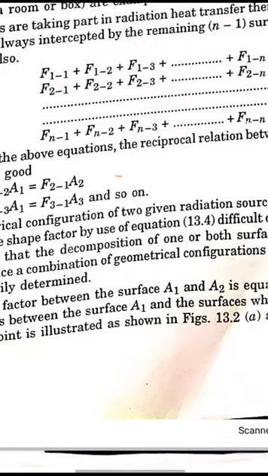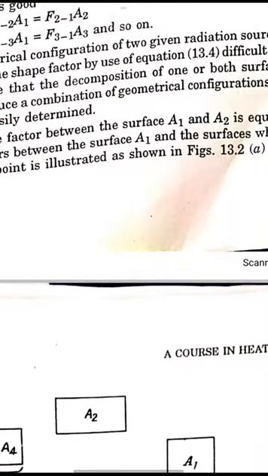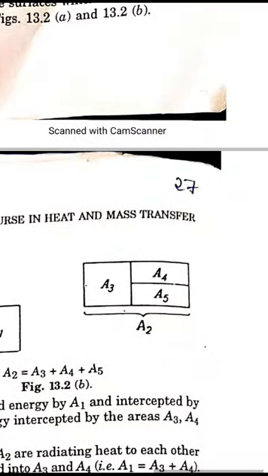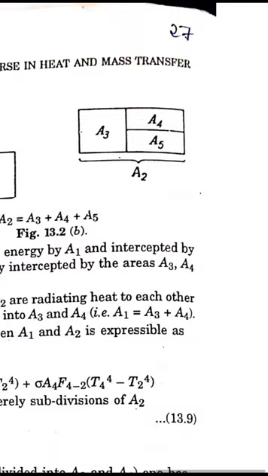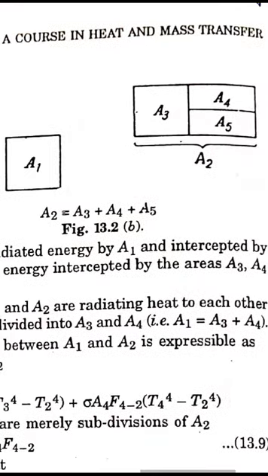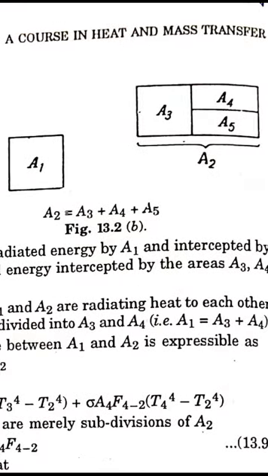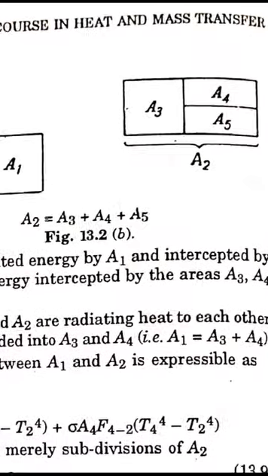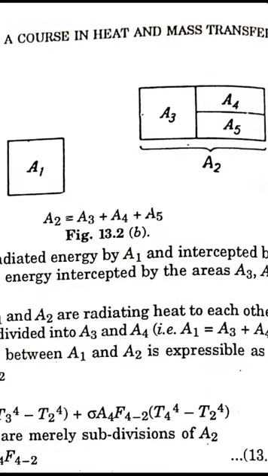Another thing you have to notice: radiation heat transfer between 1 and 2, where 2 is made up of 3 small elements, 3, 4 and 5. The shape factor of 1 with respect to 2 is equal to the shape factors of 1 with respect to 3, 4 and 5.